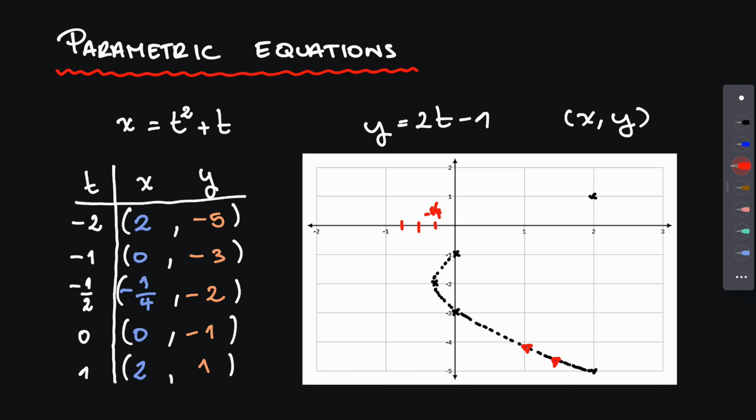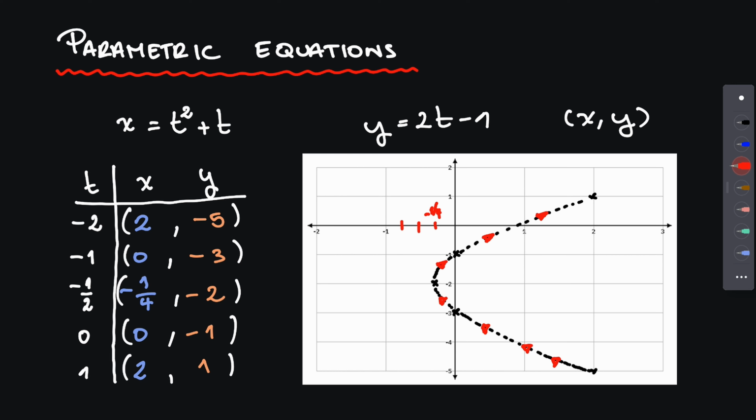Every time that t gets higher and higher, we're moving in this direction. We can even do this one better, to make it more like a curve, and we go then to this point right here. So we notice that this is what's happening with the equations, or the sketch of the equation.